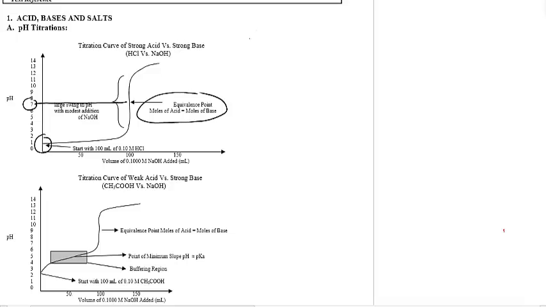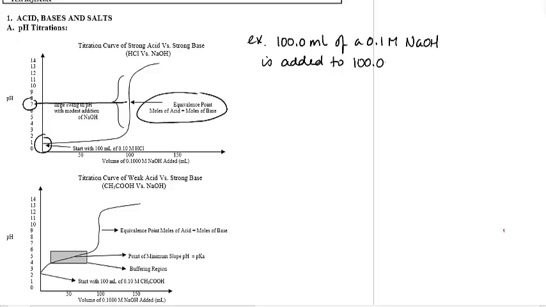So in this first titration curve, our example is going to be 100.0 milliliters of a 0.1 molar NaOH solution is added to 100.0 milliliters of a 0.1 molar HCl solution.